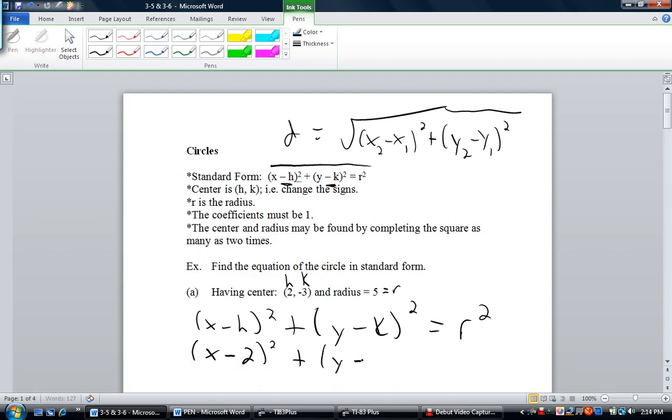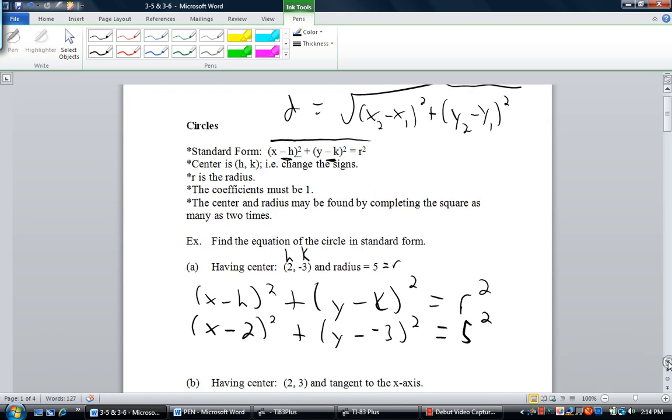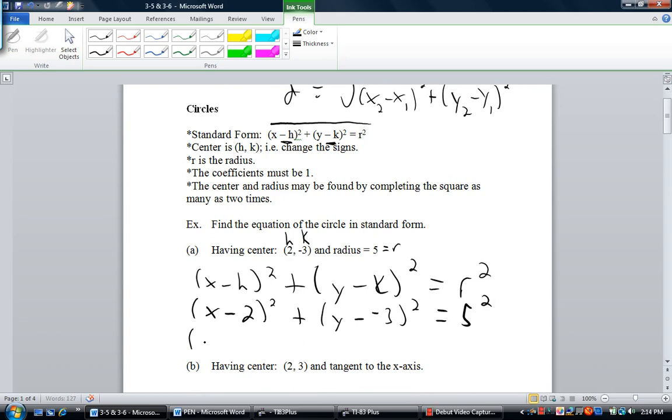And then y minus k, k is a negative 3. Notice I have two negatives now. One's a subtraction from the formula, one's a negative from the given point. And r is 5. Now all we're going to do is clean it up a little bit. I can't do anything with the (x − 2)², so I'm going to leave it like that. For the y minus negative 3, I'm going to make those both positive, because subtraction is the same as adding the opposite, or negative times a negative is a positive. And then 5 squared is 25. And that's the answer.